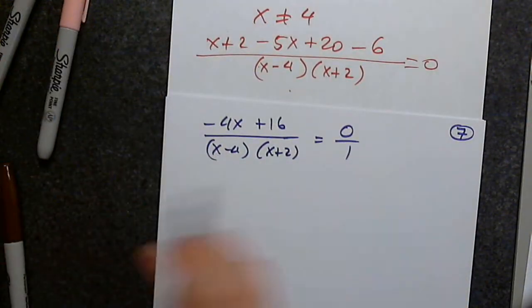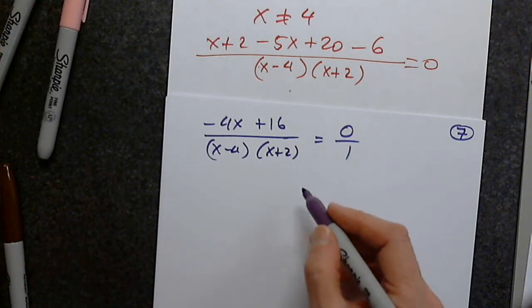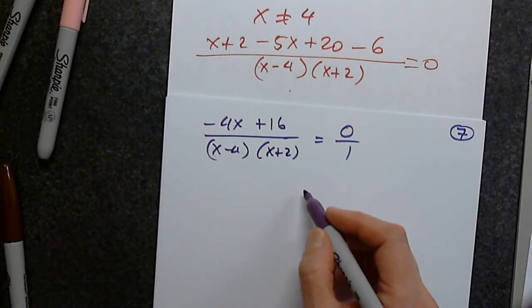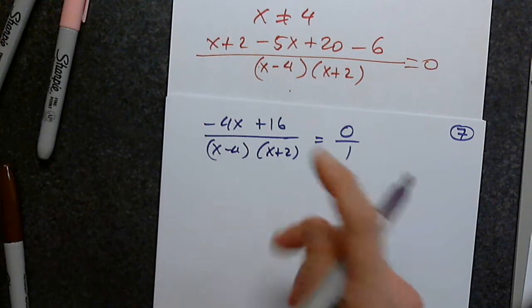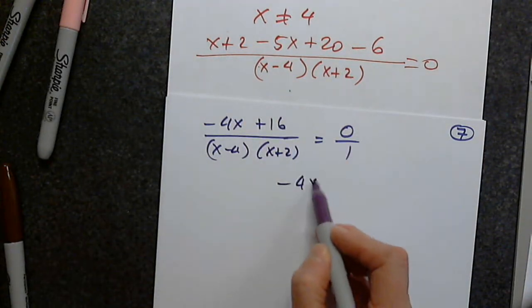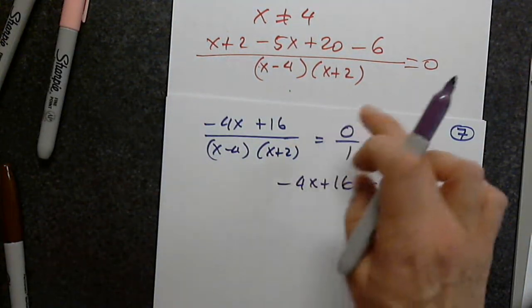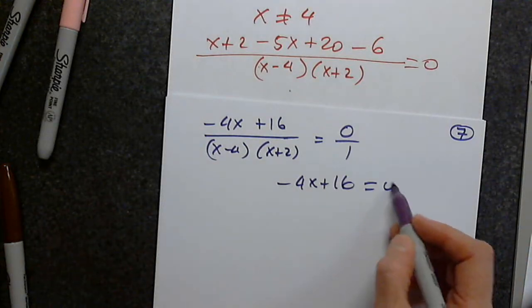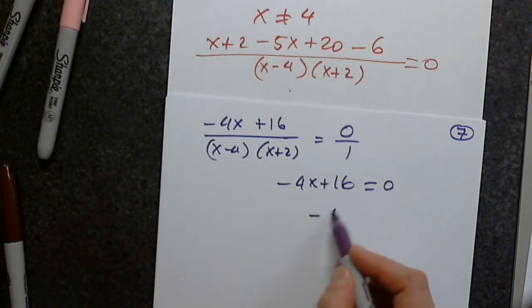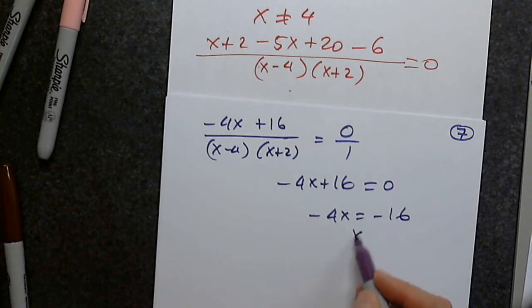If you cross multiply, or you just say a fraction is 0 when the numerator is 0, what do I write? This times 1 is -4x plus 16 equals this times 0, which is 0. So -4x equals -16, so x equals 4.